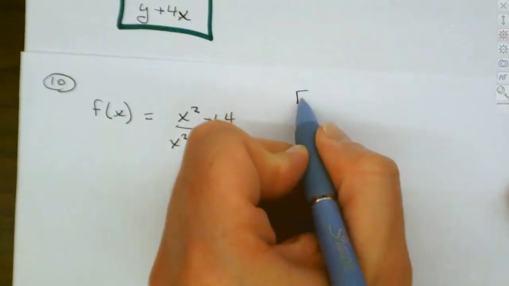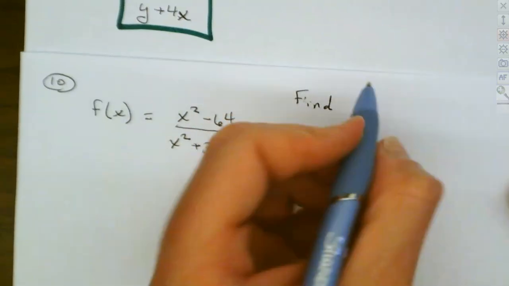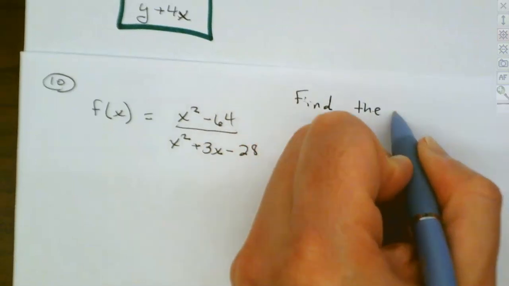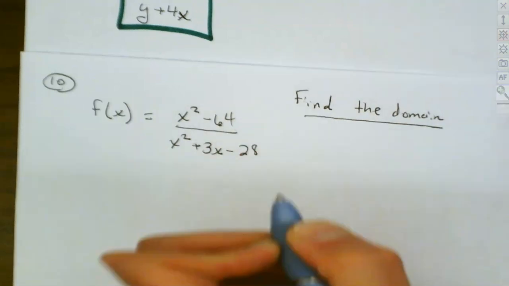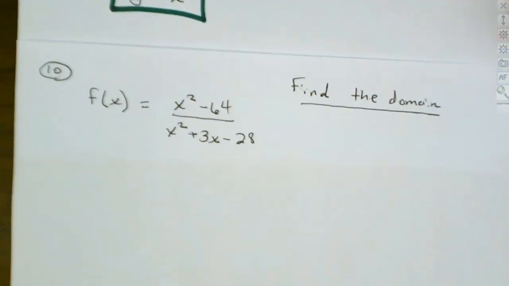And you need to follow the directions. So this one says, find the domain. So that's my directions here. Find the domain. So this is much, much easier to work through.